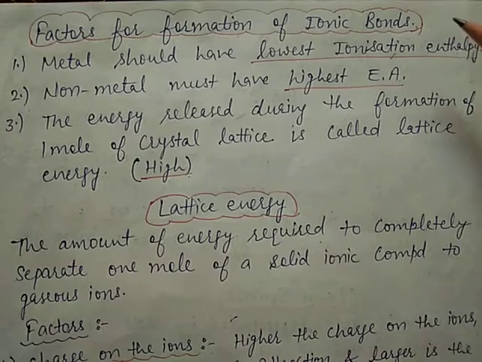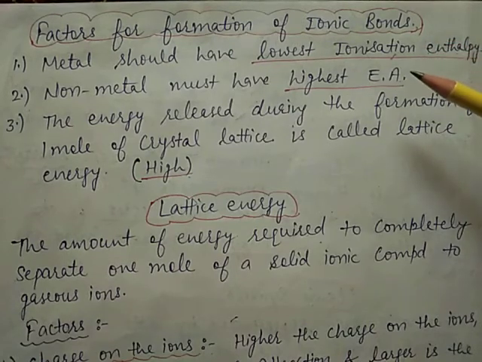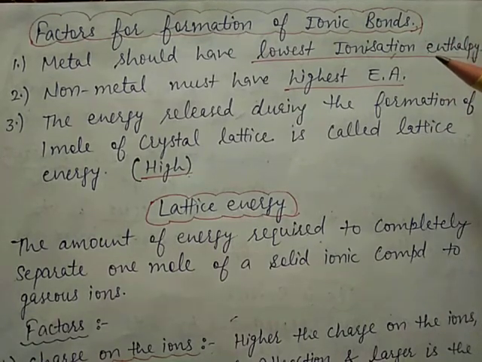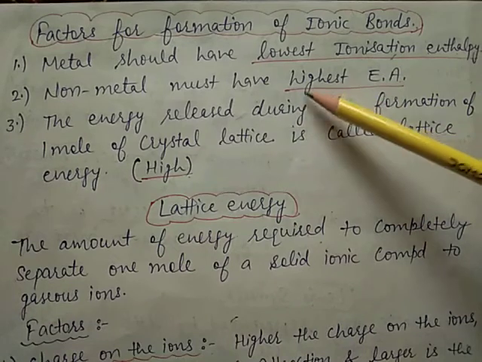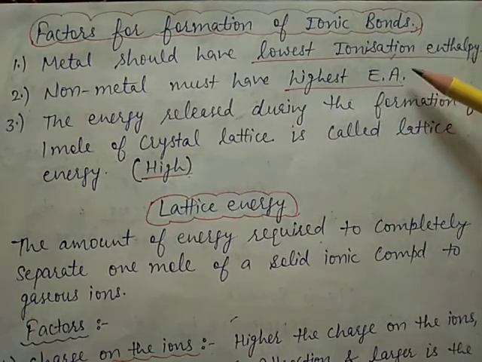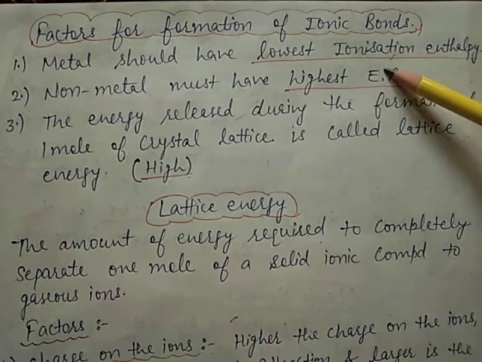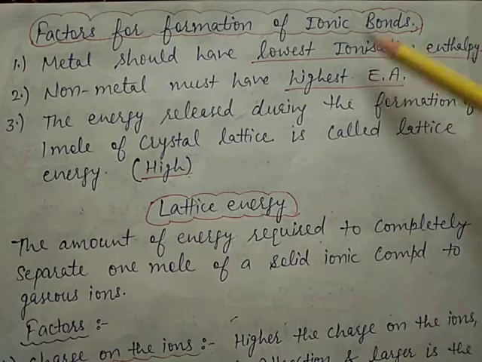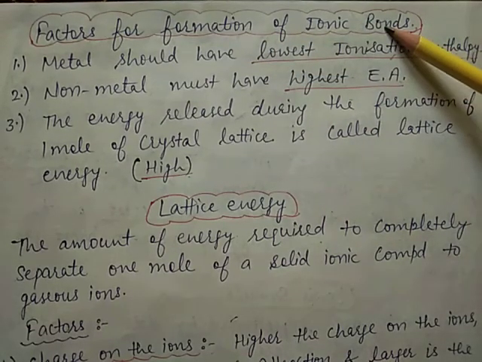It is the amount of energy released when an electron is added to an isolated gaseous atom to form a negative ion. So the higher the value of negative electron gain enthalpy, the greater will be the formation of anion and the greater will be the tendency to form the ionic bond.